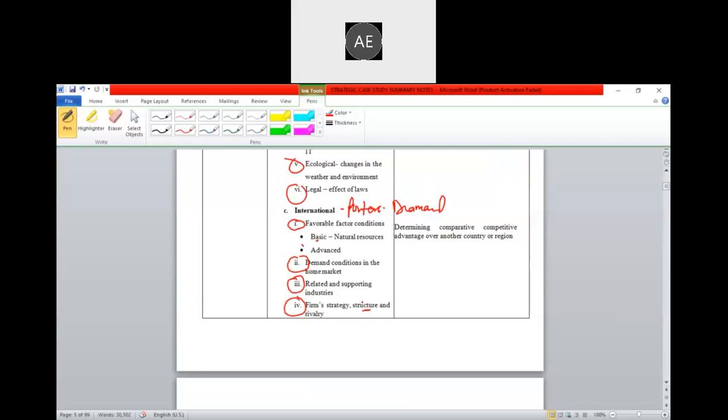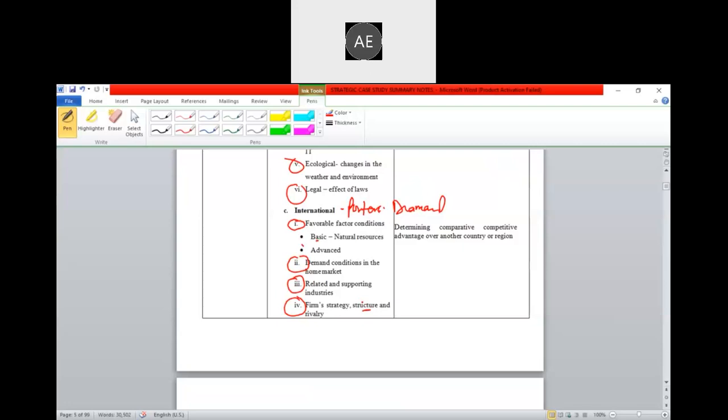The strategy of the firm must always be in line with the structure. There should not be a mismatch between the strategy and the structure. That ends the international environmental analysis.